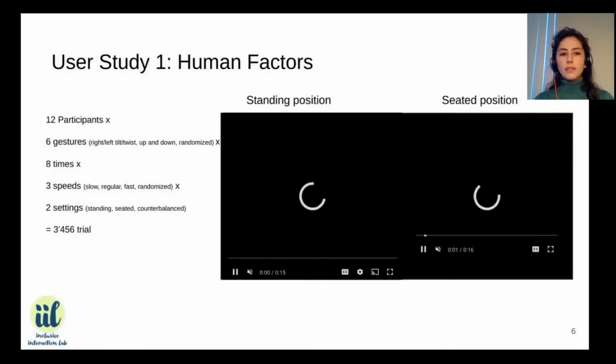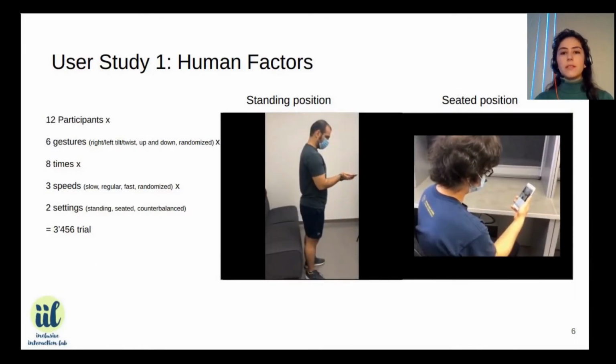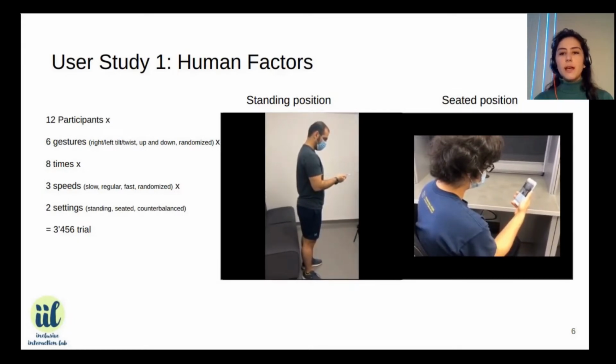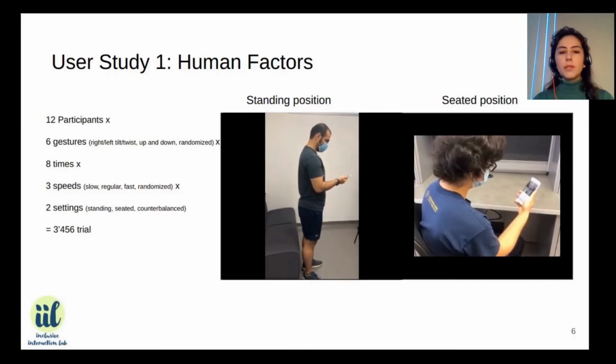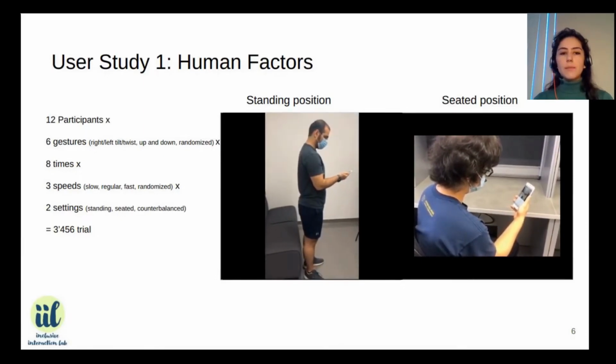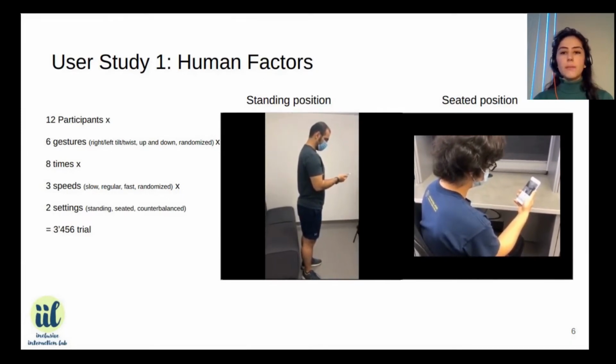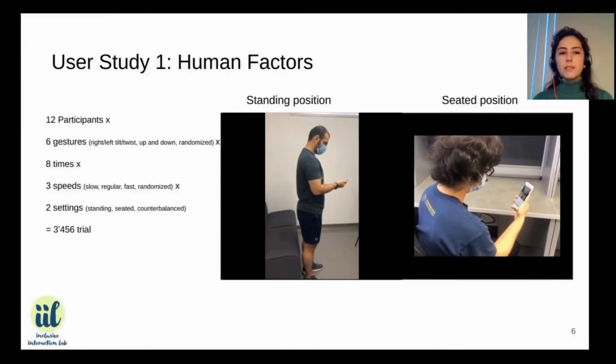We conducted a user study to find out if it is possible to distinguish between different gestures using the accelerometer data and identify the most comfortable and effective directional tilting and twisting in both standing and seated positions. We also wanted to examine how much users can tilt and twist the phone without compromising their comfort and the legibility of the display content.